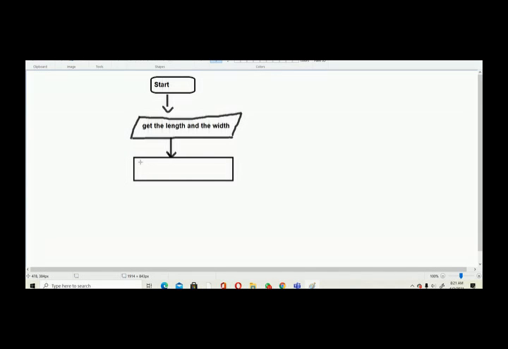So we will write perimeter equals length plus length plus width plus width. That is how you get it. You may have done this in grade 5.